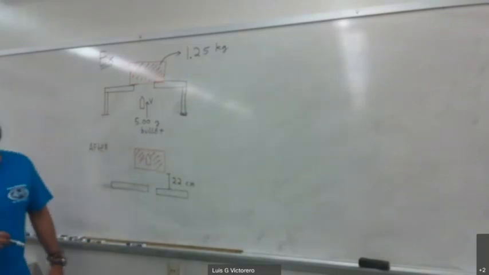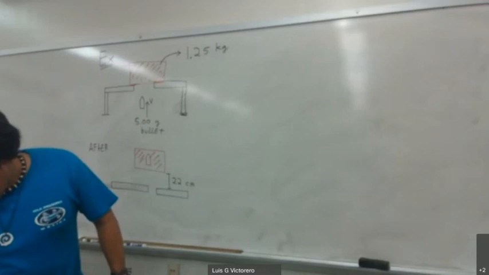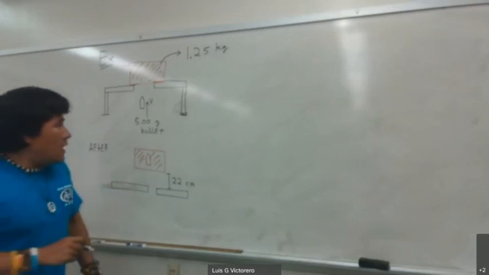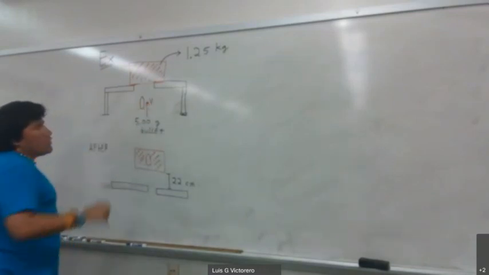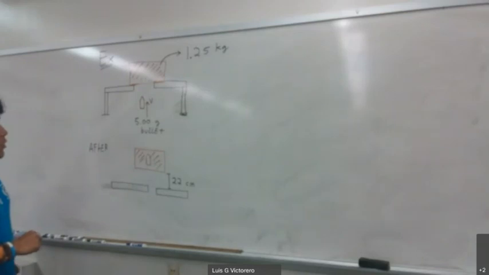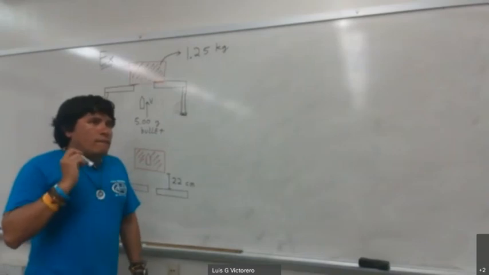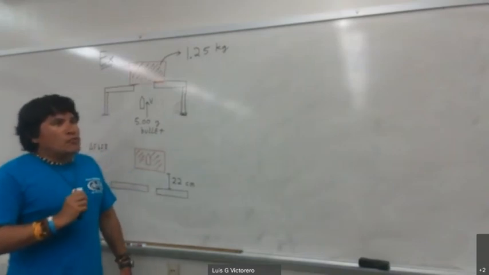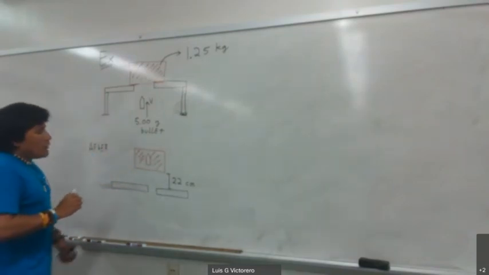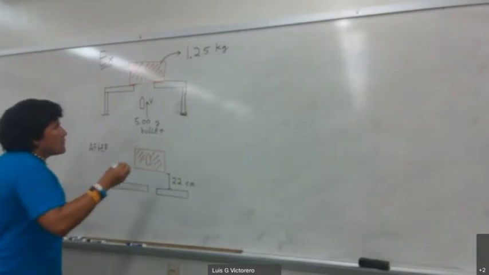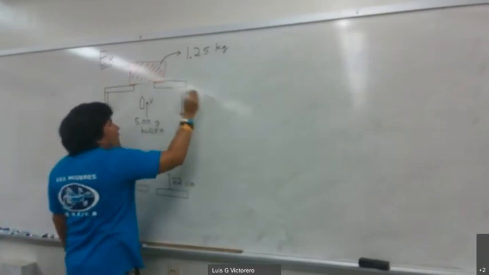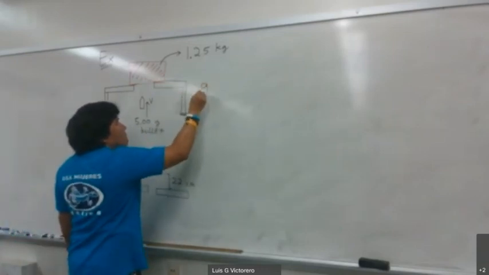Makes sense, right? Find the speed of the bullet before the collision. So this is a problem where you have to use different concepts. Let's remember that because the block is going up, it's going against gravity.